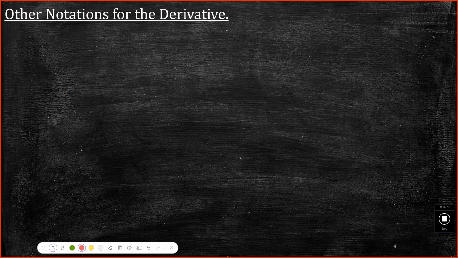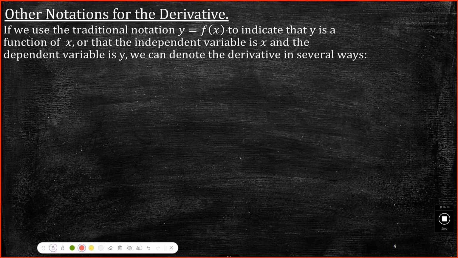Moving on to this. So what are other notations for the derivative? That was the derivative. We found the derivative. Other notations for the derivative are, if we use the traditional notation, y is equal to f of x to indicate that y is a function of x, or that the independent variable is x and the dependent variable is y, we can denote the derivative in several ways.